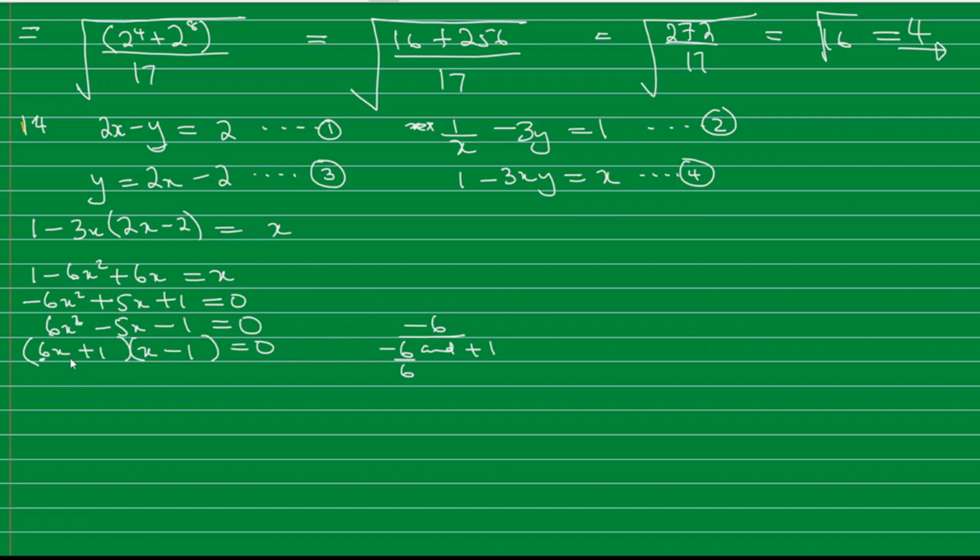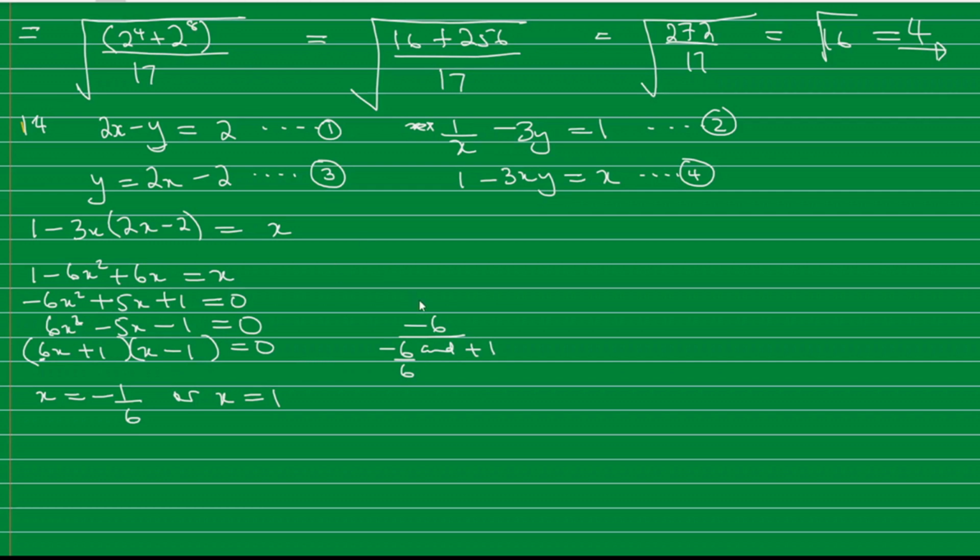So in this case, our 6x plus 1 into x minus 1 is equal to 0. So solving this one, that will give us x is equal to negative 1 over 6. From the first set of brackets, change the sign into negative, then divide by 6, or x will be equal to 1. Okay, so that's what we have.